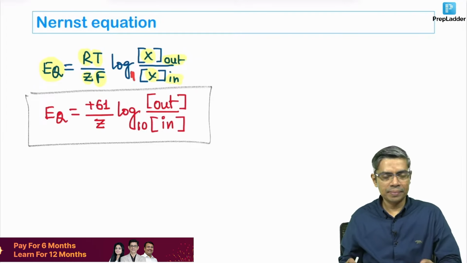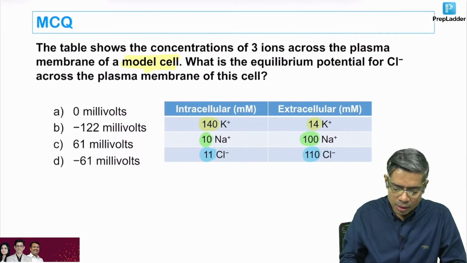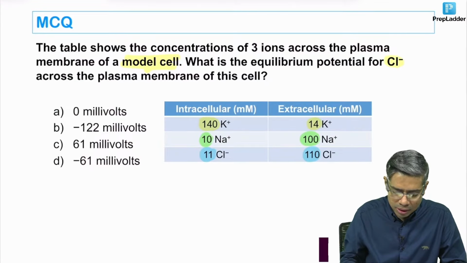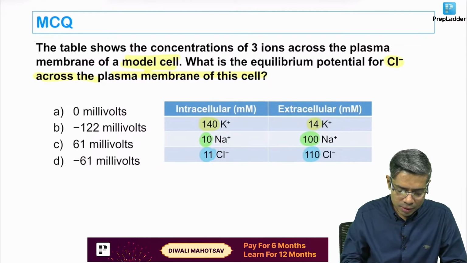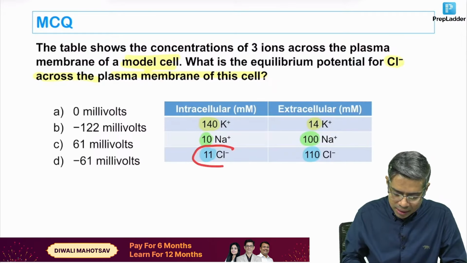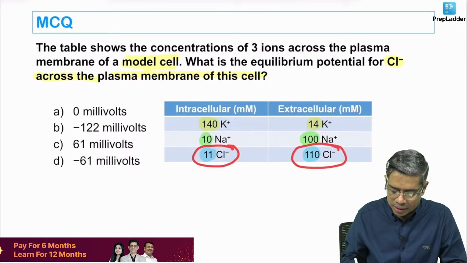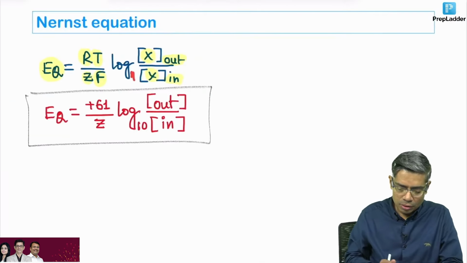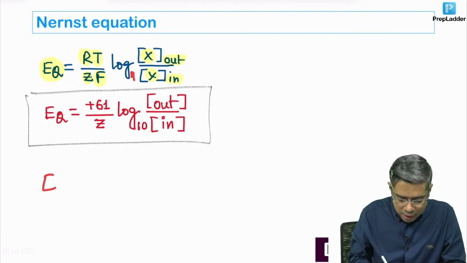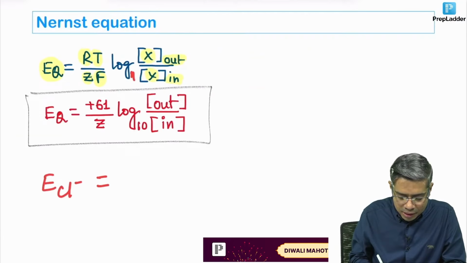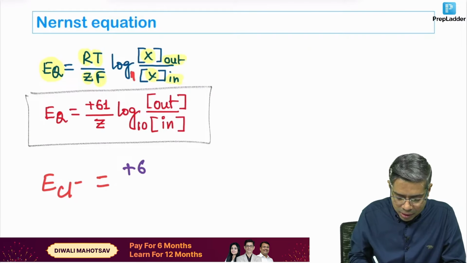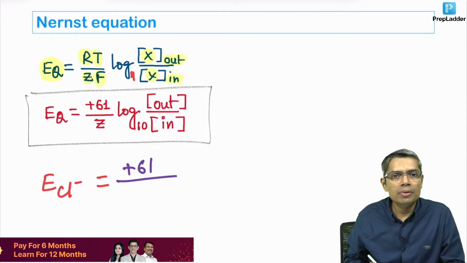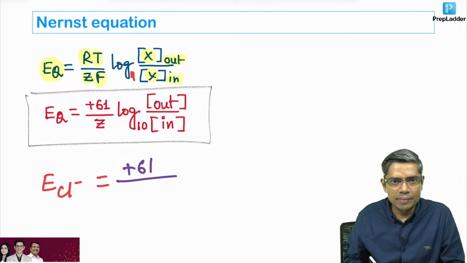Now, the question is about the chloride across the plasma membrane. Chloride concentration inside the cell is 11, outside the cell 110. So I will put this into the formula. Equilibrium potential of chloride is equal to, everybody try to calculate. I will write plus 61, this is a fixed number, upon Z. Z is the valency or the charge of the ion.